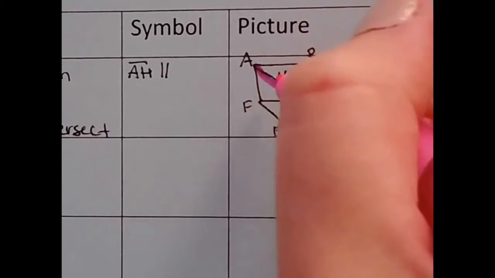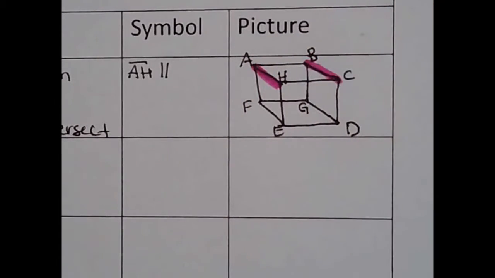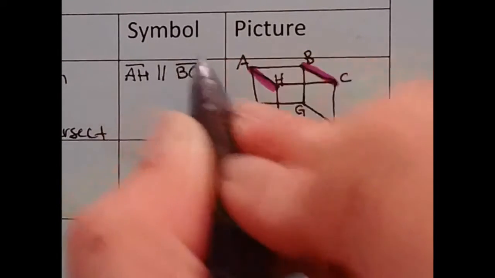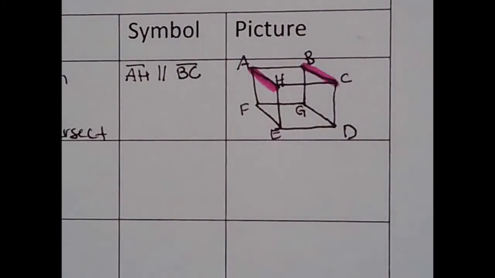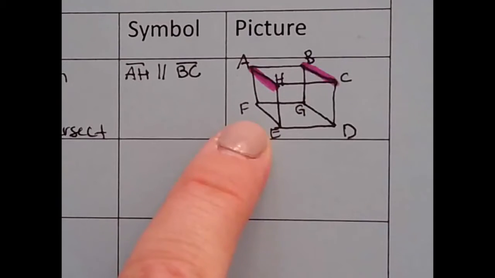They are on the same plane. And they intersect each other. AH is also parallel to FE. But FE is not parallel to BC because they're on different planes.